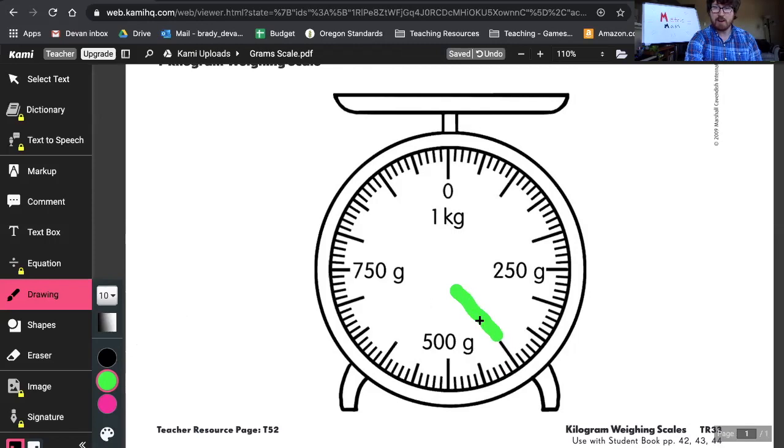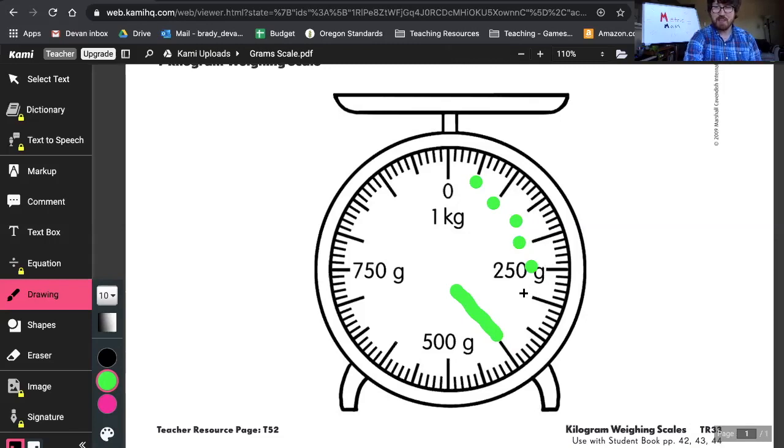So let's see what you think all these markings are. Now right here it says 250. So let's try counting by hundreds. 0, 100, 200. Oh, that won't work because it's got to be 250 right here. Let's count by 50s. 50, 100, 150, 200, 250. So we know that's correct.